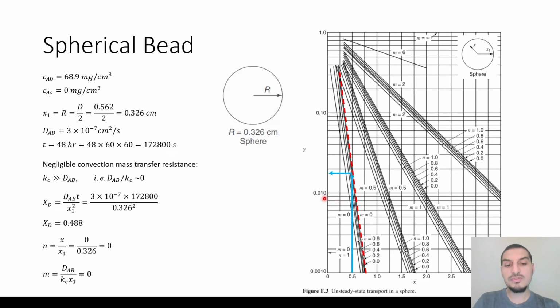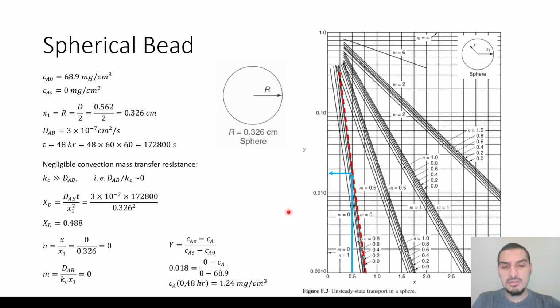And if you go to the left, you will find the value of y, which is gonna be between 0.01 and 0.02, which is gonna be 0.018. It's not very accurate. It's a little approximate value because somebody might have the same chart and get a different value.